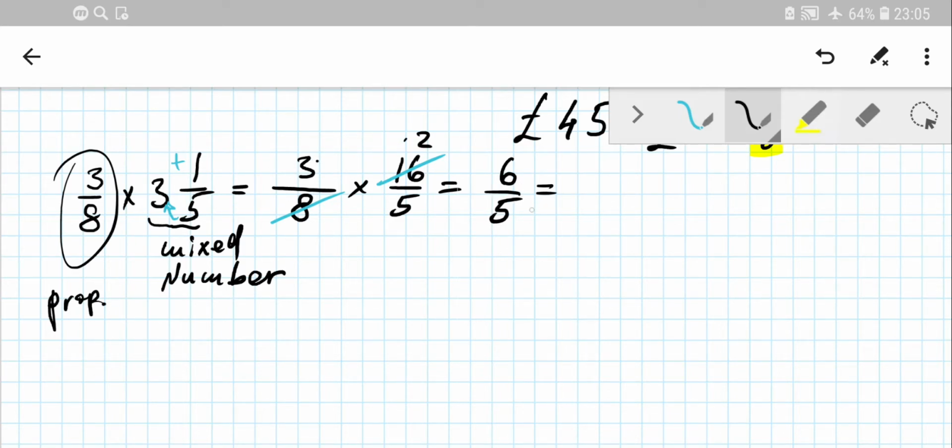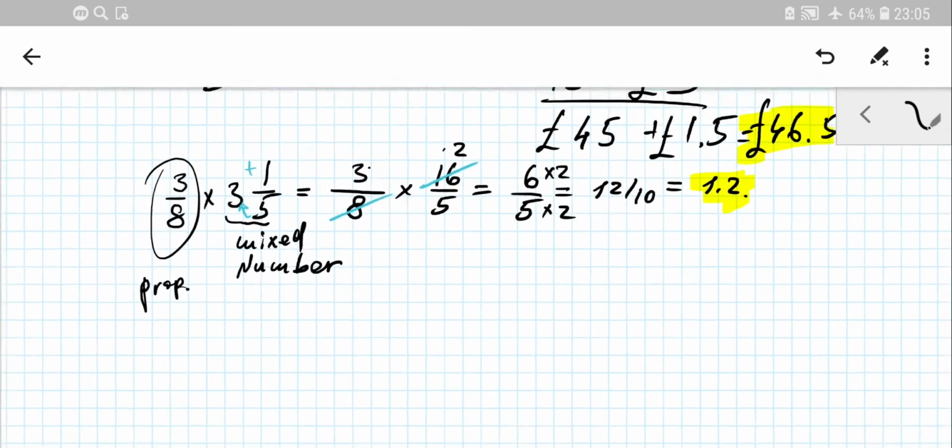And 6 over 5, you simply convert into decimal by multiplying by 2, and you'll get 12 over 10, which is 1.2. So this is how it works. All right, 1.2, that's the final result.